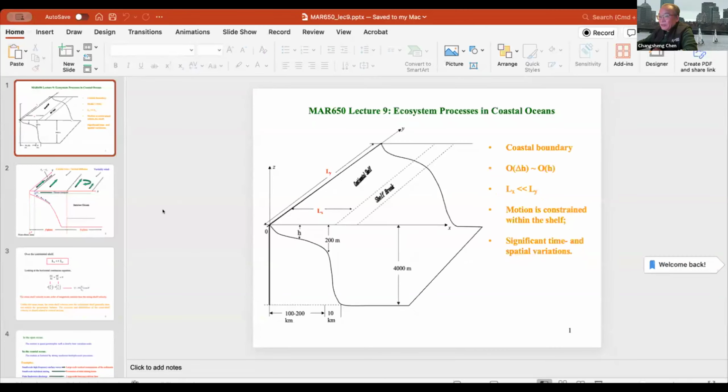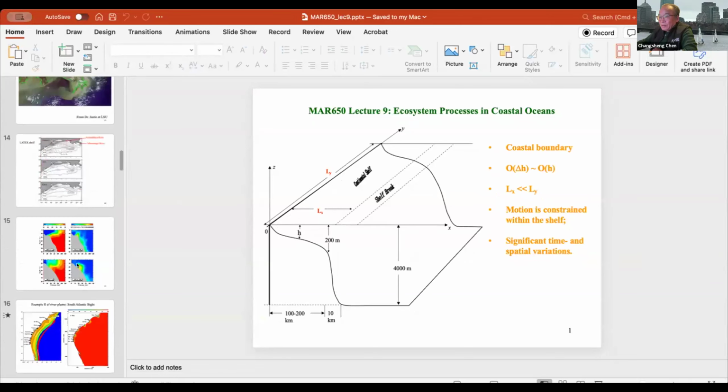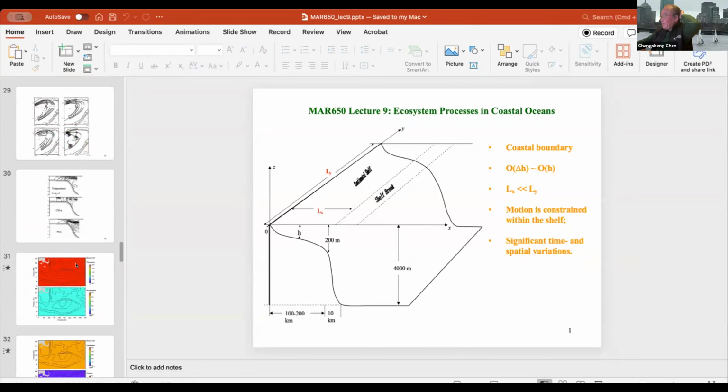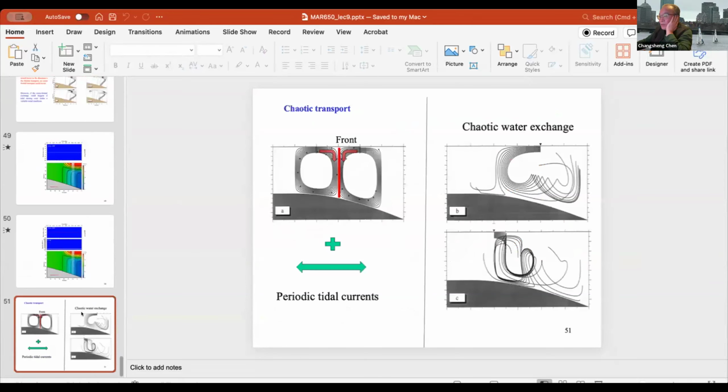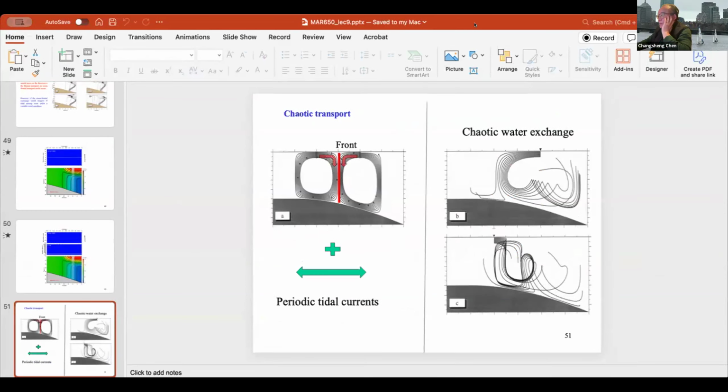I can share the screen. Yes, please. I talk about this one. Have you seen this one here?